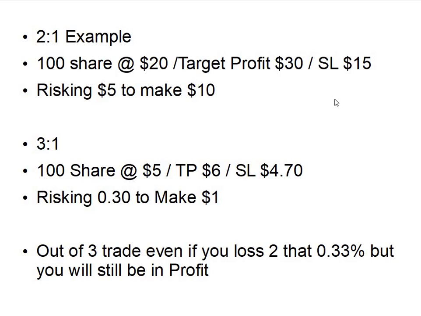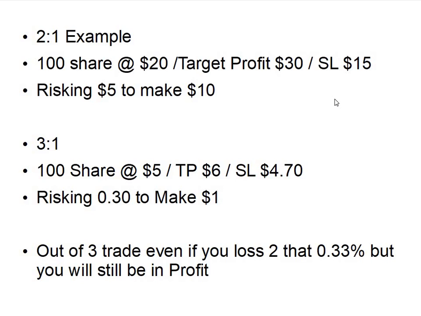Now let me tell you something very interesting. Let's suppose out of 3 trades, even if you lose 2, that's 33% winning, you will still end up making profit, because I'm only risking 30 cents on each trade. So the first trade, I lost 30 cents.